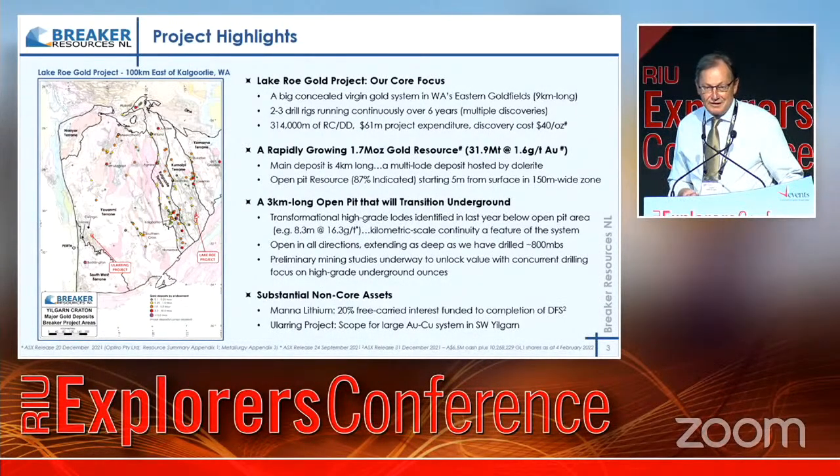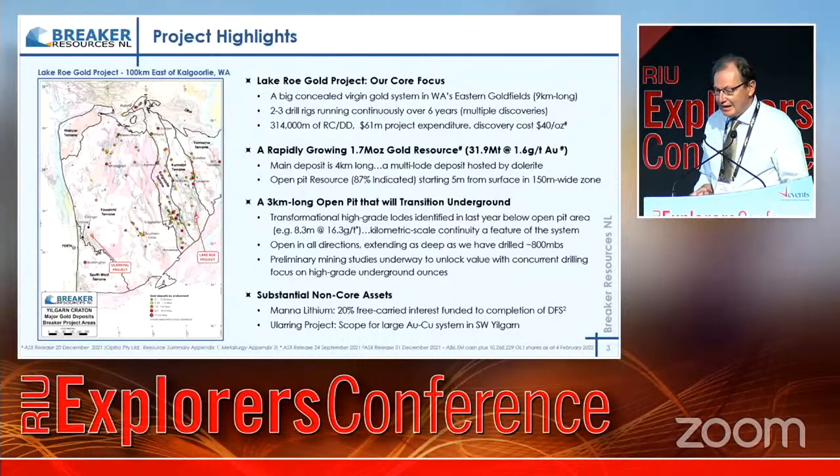Now, we've plastered a 4-kilometre zone, which is essentially three separate discoveries that have merged, establish a high confidence open pit resource that we understand. And now we've taken that understanding and extended it underground, and we're hitting high-grade stuff that will translate into an underground mine to complement the existing open pit option.